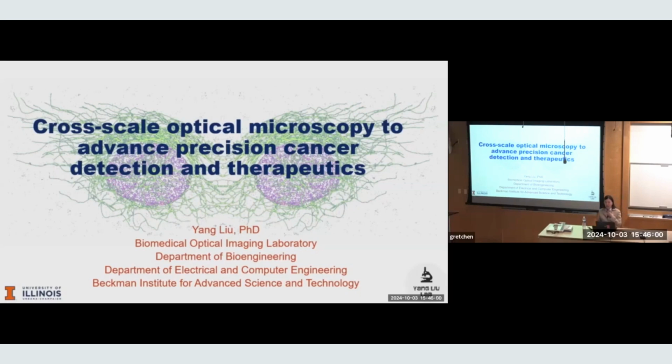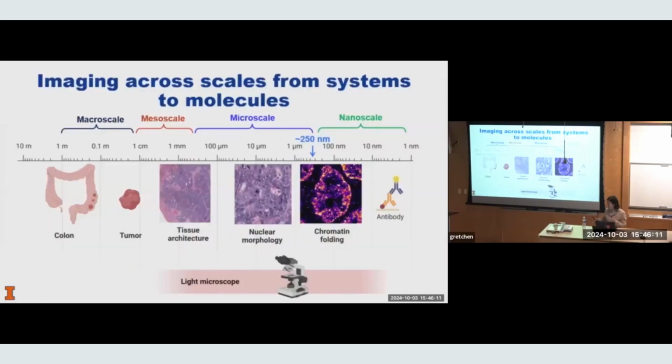I'm a microscopist. We develop optical microscopes to address various problems, with the main application in cancer. I think we all know the importance of light microscopy, both in basic research as well as clinical applications. Lots of biological and clinical problems are, from an imaging standpoint, multi-scale problems. Every scale is important.